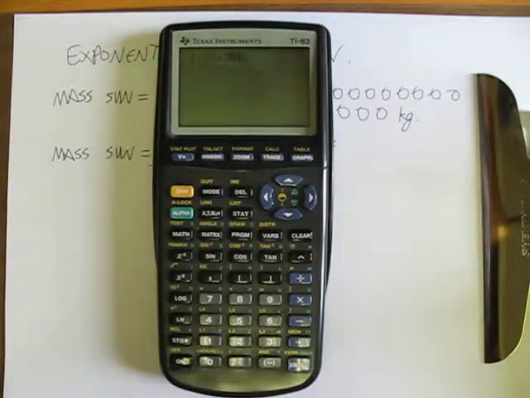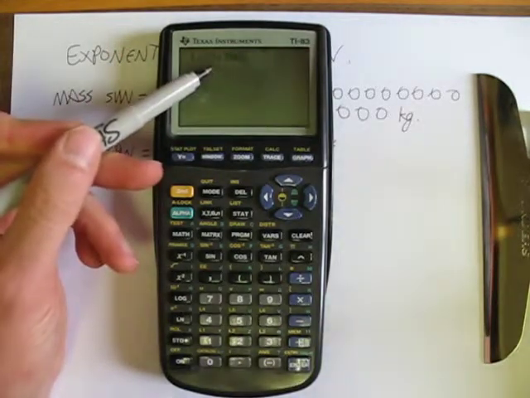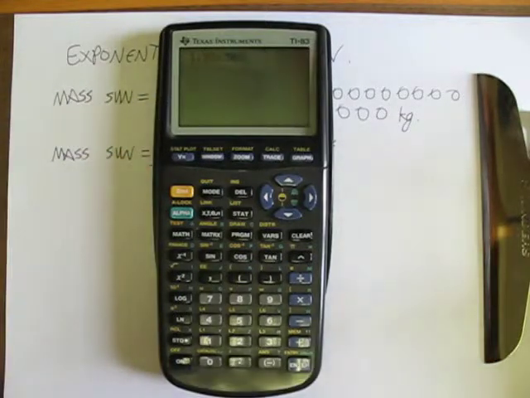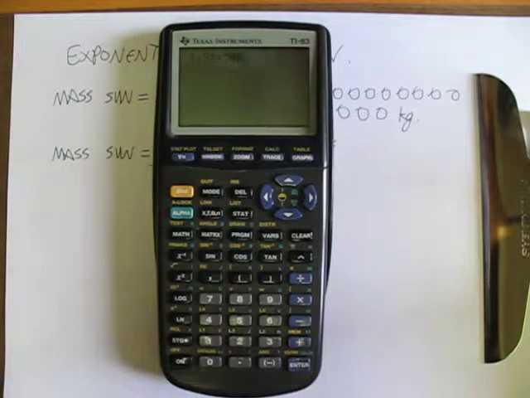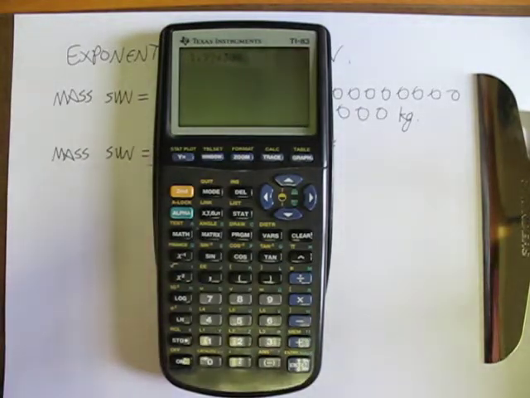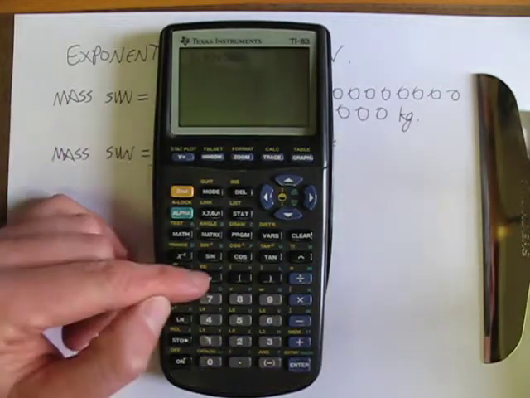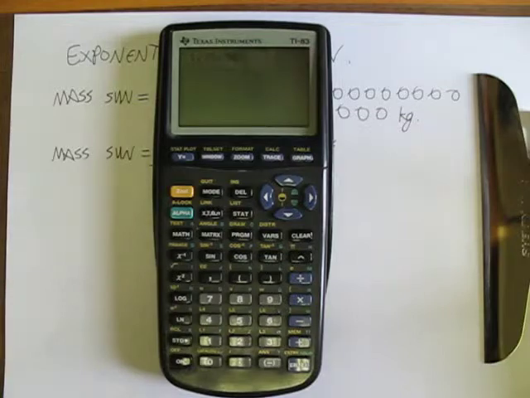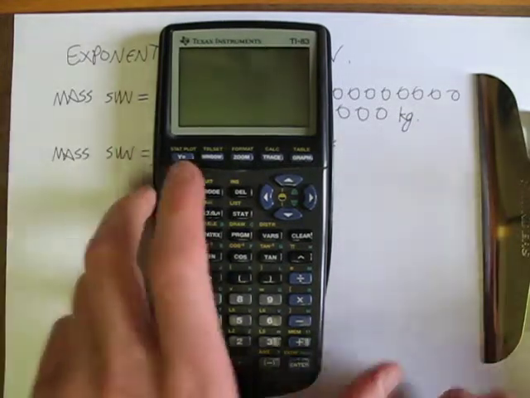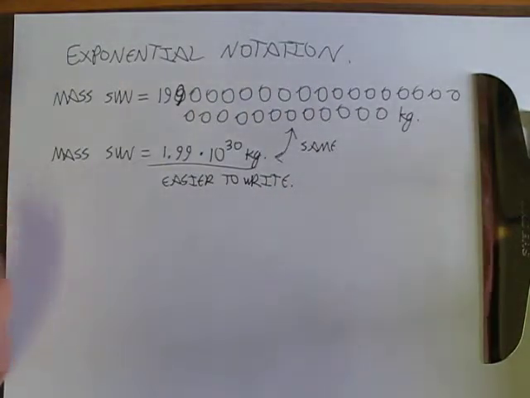A lot of people don't know to do this, but this EE, or this E right there, does the times 10 to the all at once. There are other ways you can do it on your calculator, but I would highly recommend that you use the second EE button to do the times 10 to the. I will be coming back to that skill many times later. So, you guys should be aware of exponential notation.